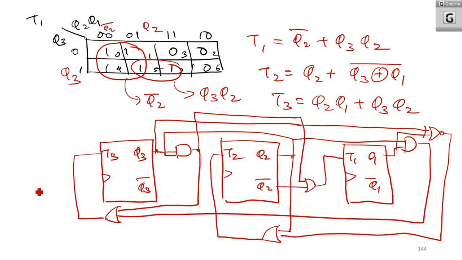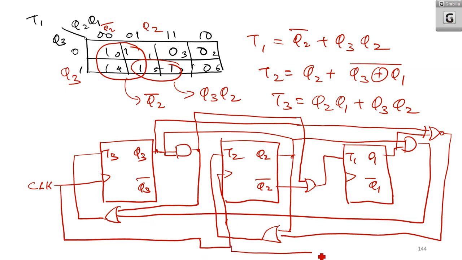There is a common clock that is coming in to all of them, and preset you can give separately. This is preset. You can give a preset here, no problem.